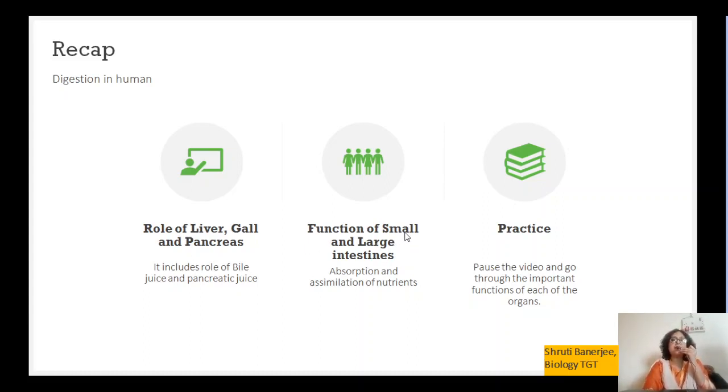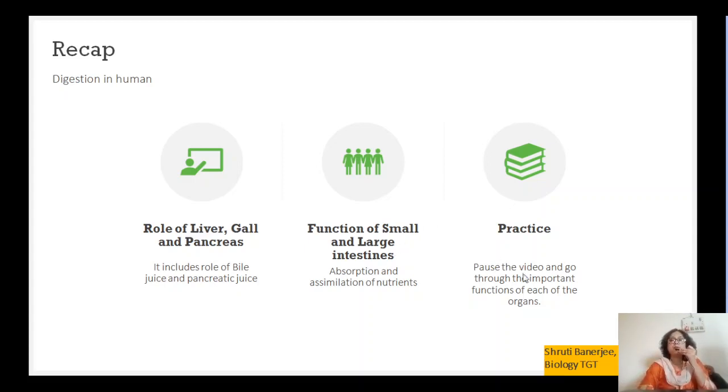The small intestine has finger-like projections known as intestinal villi, which have a thin membrane that absorbs all the nutrients and passes them down to the blood capillaries. Whereas the large intestine has the undigested food from which it absorbs maximum water to its capacity and passes it down to the rectum and finally out of the human body.